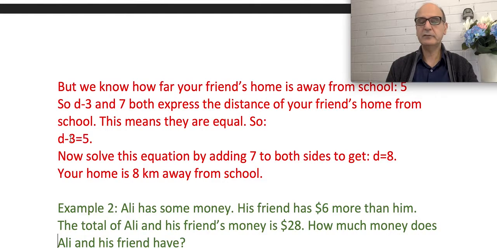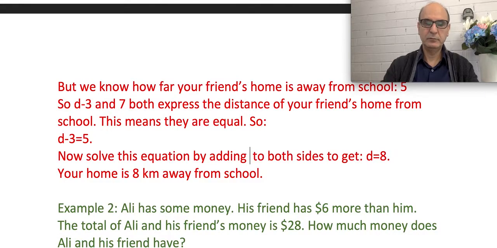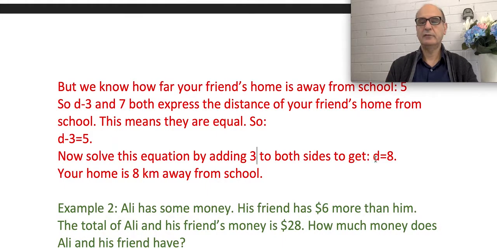All right, now we need to solve this equation. Add 3 to both sides, to get D equal to 8. If I add 3 here and add 3 here, the minus 3 and plus 3 go away. So you end up with D on this side, and D is equal to 8.